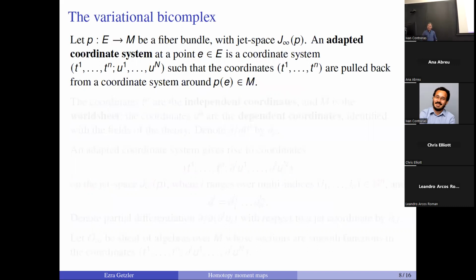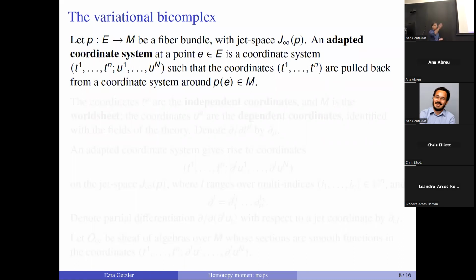Sorry. Let me call my coordinates in the base T1 up to Tn. So if we're doing mechanics, they'll just be n equals 1, and we'll just have time. If we're doing gravitation, then n is 4, and these are the time and space coordinates, okay?